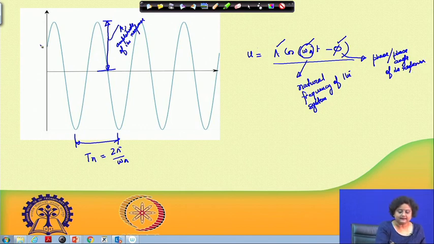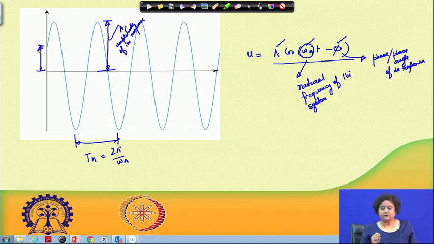And this initial point is the displacement at t equals 0; if you put t equals 0 there, you will see that this becomes u0, the initial displacement of the system.